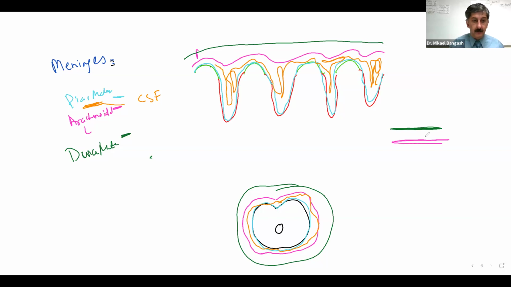Because this was the arachnoidal layer. And this was your pia matter. The cerebrospinal fluid is going to be found in what we may refer to as the subarachnoidal space. The space under the arachnoidal layer. But that's how it ends up circulating around the brain and the spinal cord.